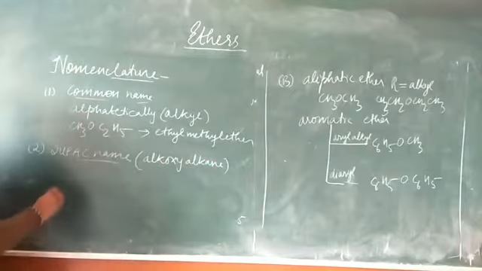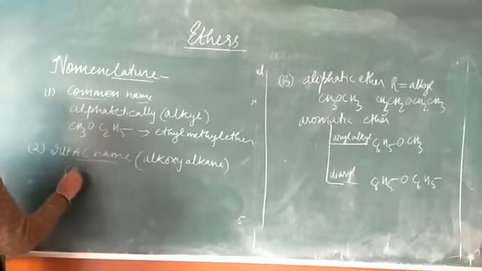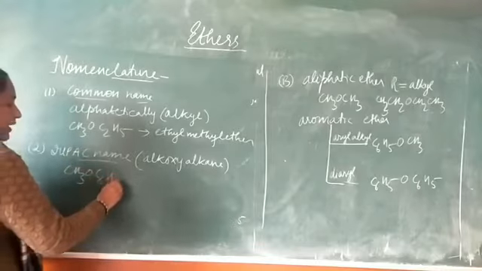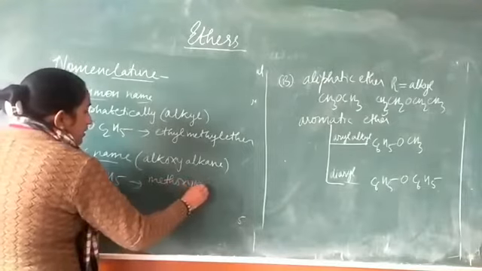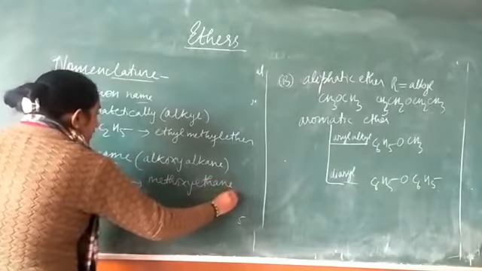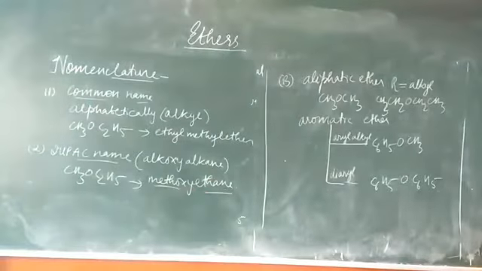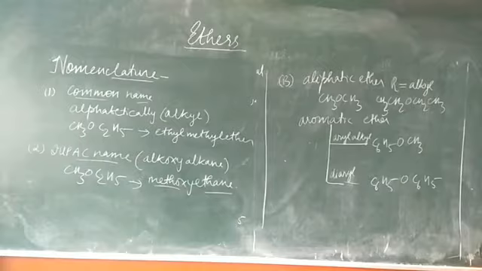That means for the same compound CH3OC2H5, it will be named as methoxyethane, right? So whenever we write the IUPAC name of the ether, the format is alkoxyalkane, and it is named in such a way that the alkoxy will be of the smaller alkyl group and the alkane suffix will be the higher alkane one.